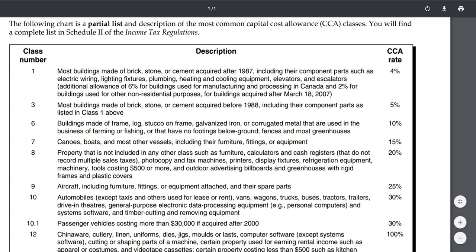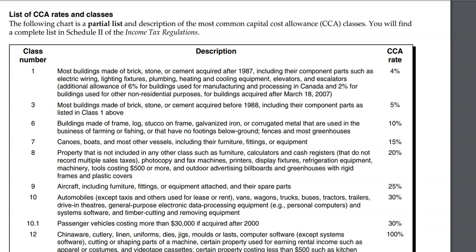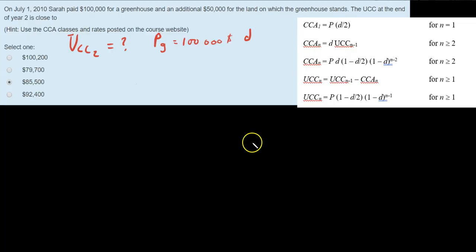It says most greenhouses, in the last sentence, right? So that's 10%. We're going to take it as 10%. And guys, let me tell you something. The land has a cost of $50,000, but land is a non-depreciable item. It's not considered whatsoever, so we can actually omit this whole line and just continue the problem with what can depreciate, which is the greenhouse at a rate of 10%.